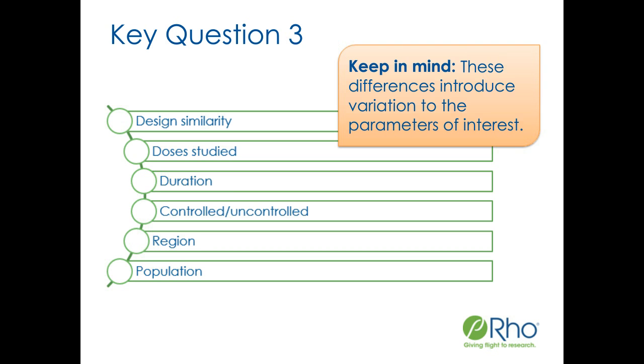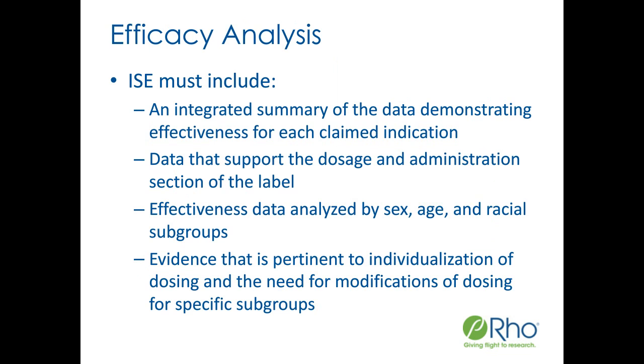For the ISE, you can ask very similar questions as for the ISS, and I would actually ask that you do, because once again, you want to focus on your parameters of interest, how you're going to describe and characterize them, how you're going to show differences, and then how you're going to pool.